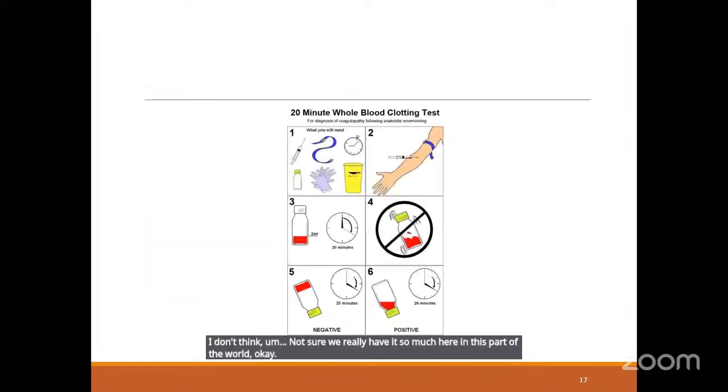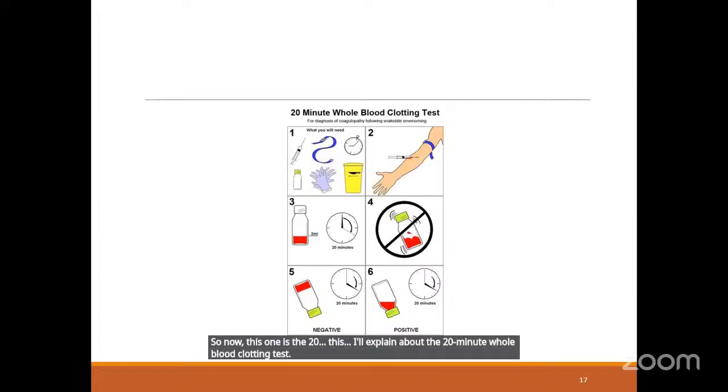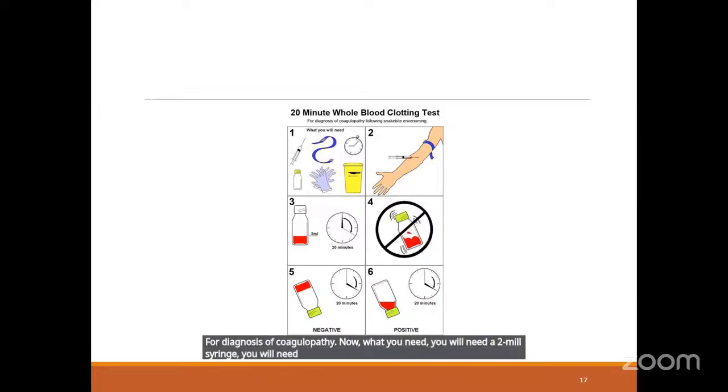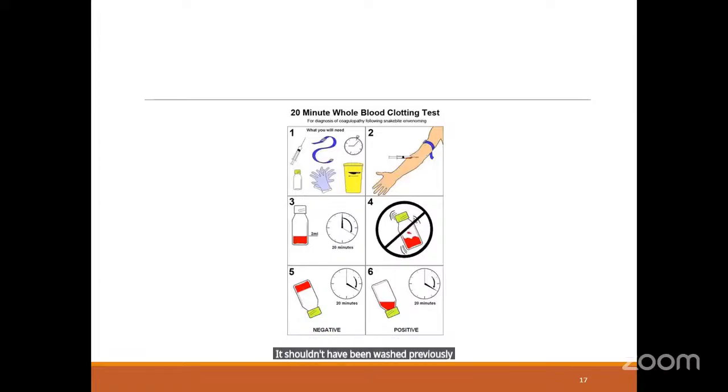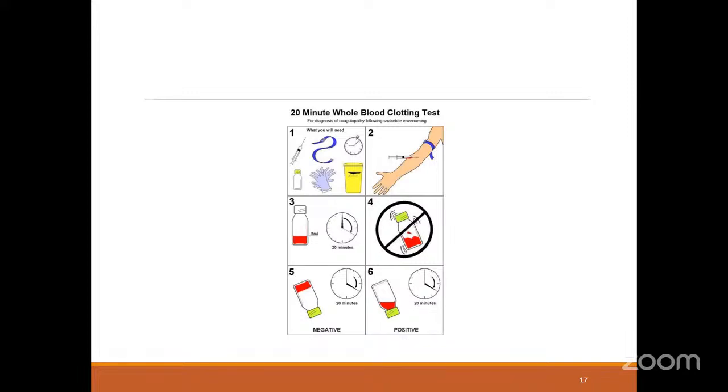Okay. So now I'll explain about the 20-minute whole blood clotting test for diagnosis of coagulopathy. You will need a 2 ml syringe and a test bottle. That test bottle should be clean. It shouldn't have been washed previously with detergent, and it shouldn't contain any agent inside it.